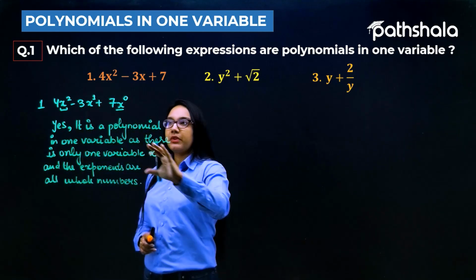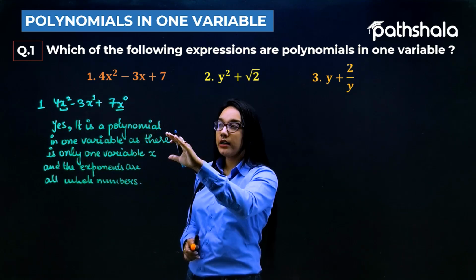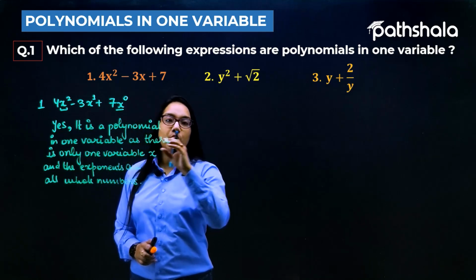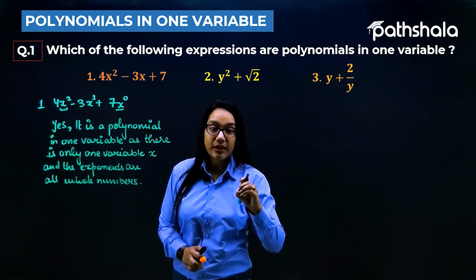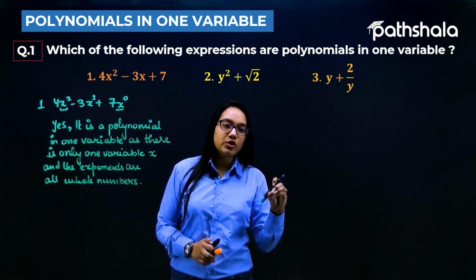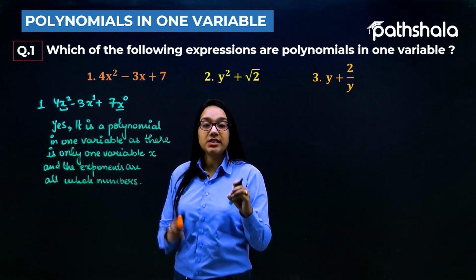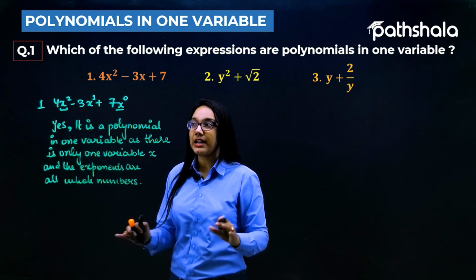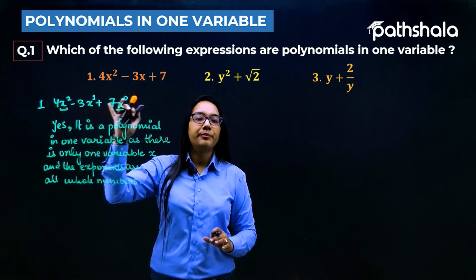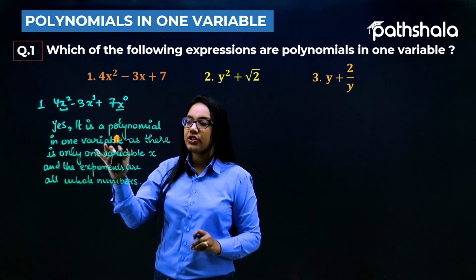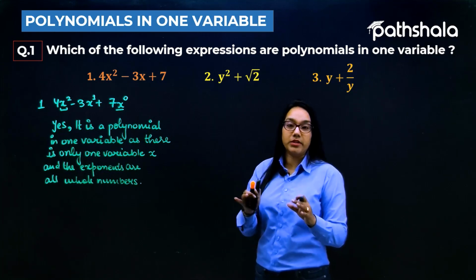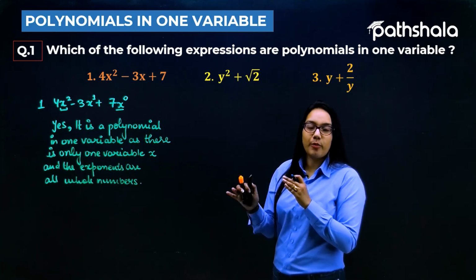As we can see in this part, each and every exponent of the variable x is a whole number. So our condition on the exponents is satisfied, and this is a polynomial in one variable.